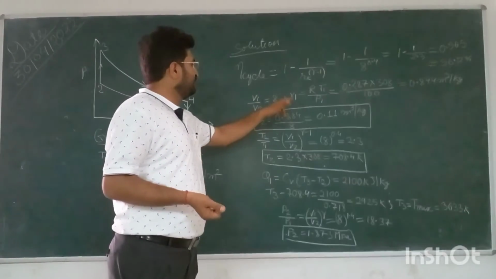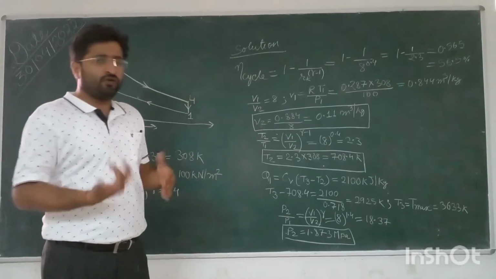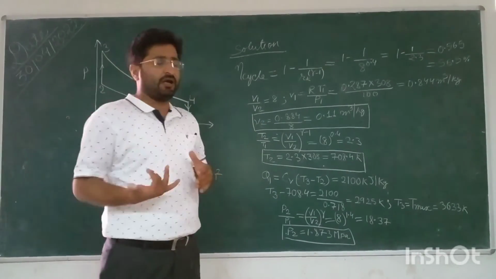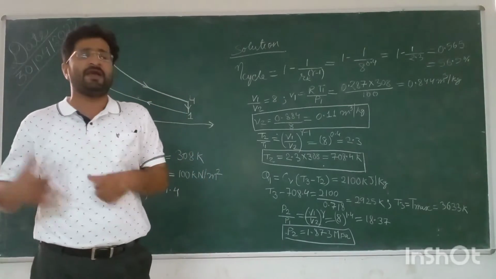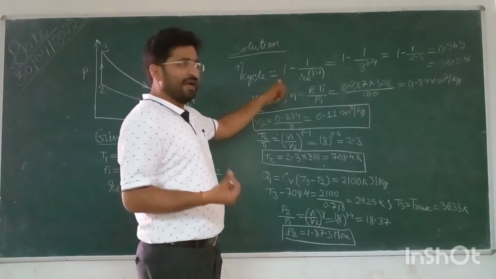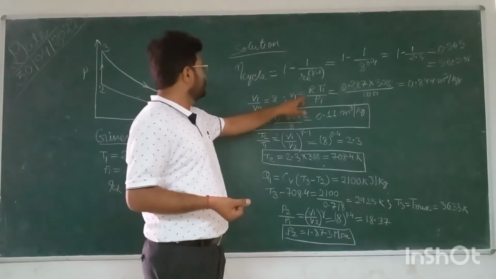It's given in the question, and we know that from the ideal gas equation, that is PV equals mRT. Here we are taking m as 1.